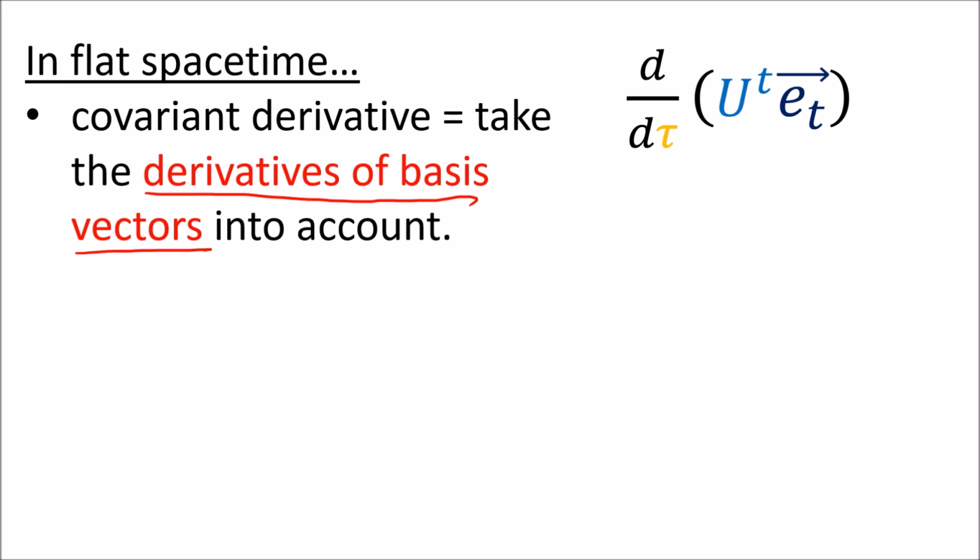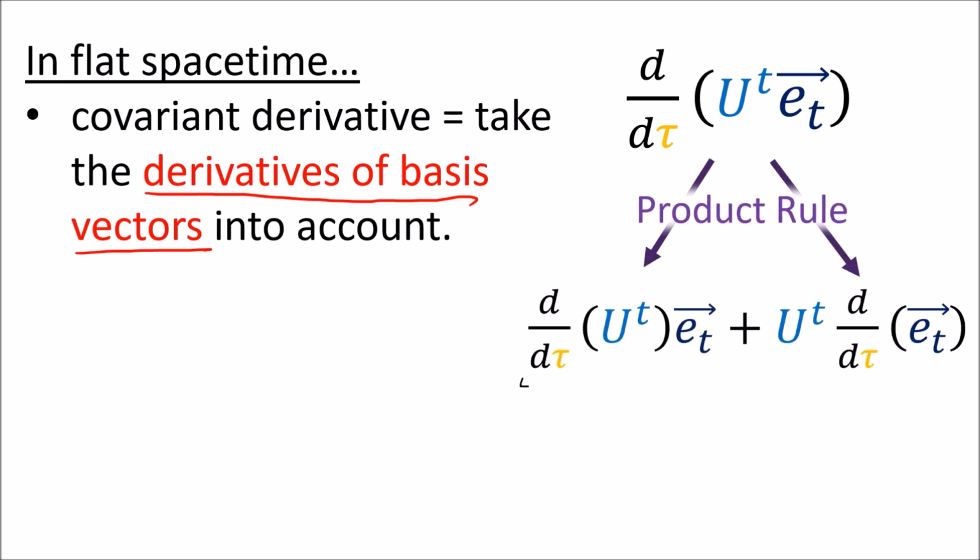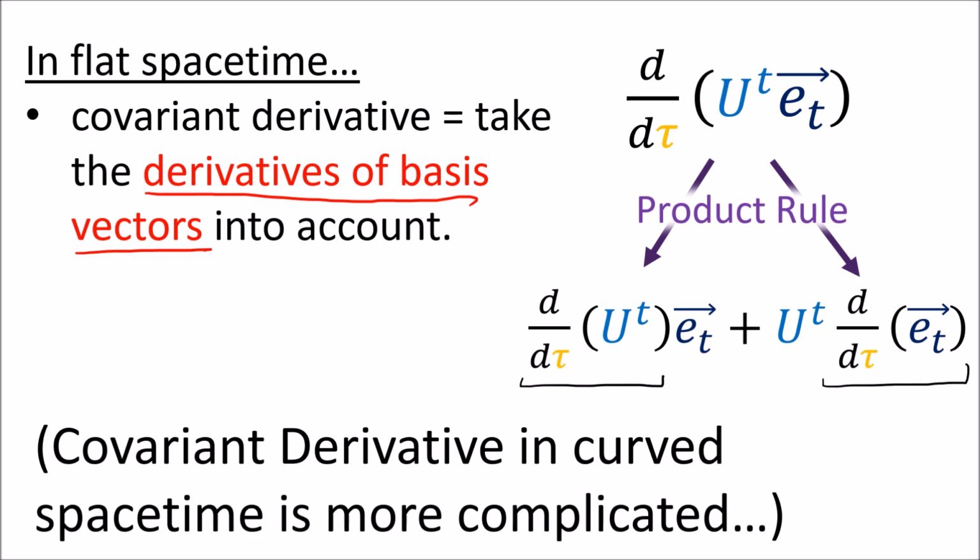It basically just means we take the derivative properly and don't ignore changing basis vectors. The definition of covariant derivative gets a little more complicated in curved spacetime. But for now, when I say take the covariant derivative of a 4 vector, we just mean that we differentiate both the vector components and the basis vectors.